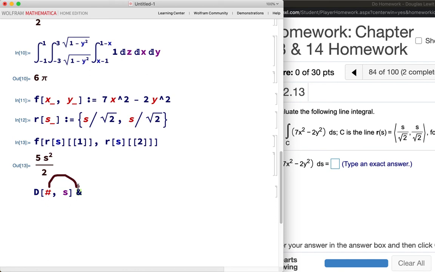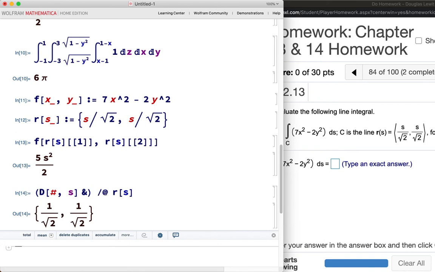So I'm taking the derivative of some function with respect to s, mapping that onto r of s, and what I should get is simply 1 over the square root of 2 and 1 over the square root of 2. That's pretty simple.